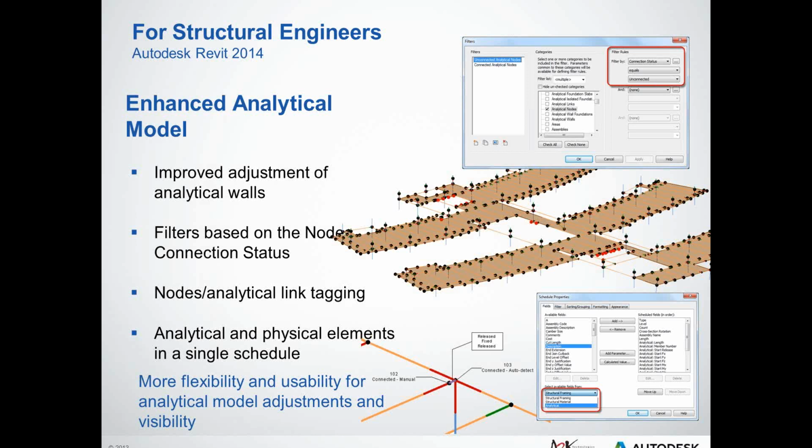This allows us to pick up, in particular, the connection status of that node in the analytical model, thereby allowing things like maybe color overrides or visibility overrides. So you can see here in the image below, some of these nodes have had their color changed to red to highlight their status in some kind of way, which might give the engineer a little bit more detail about, let's just call it, the state of that analytical model.